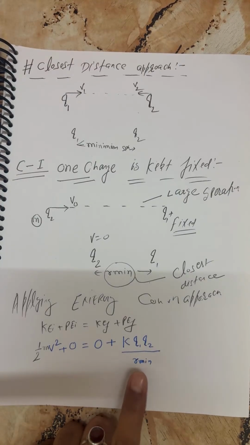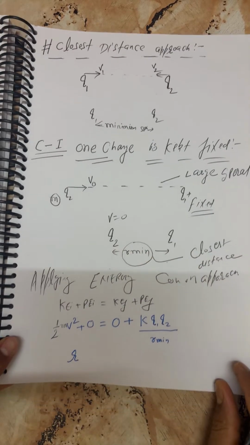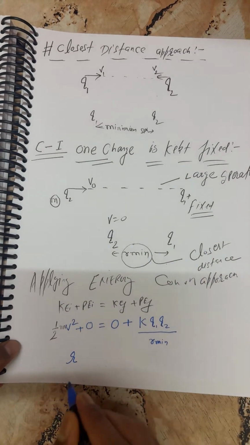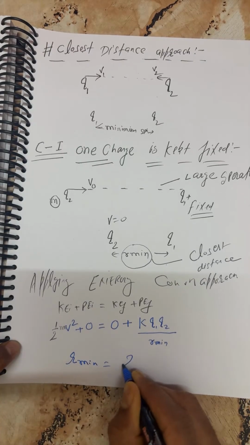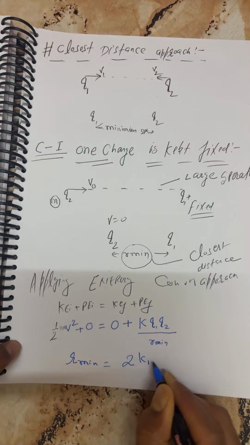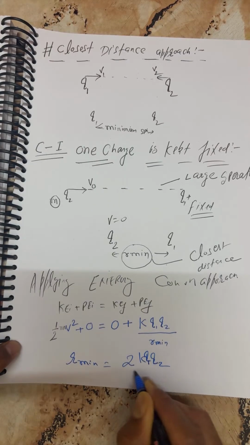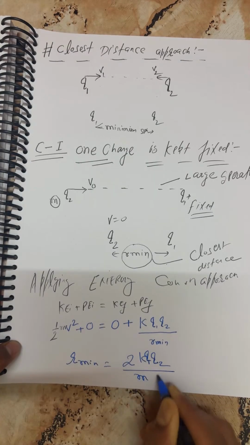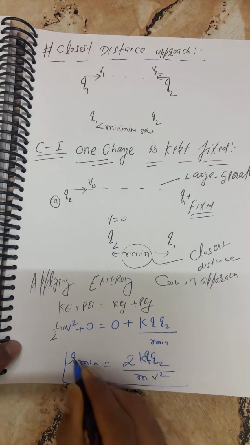We wish to find this only, so cross multiply and divide. So R minimum you can get finally is 2 k Q1 Q2 by m v square.